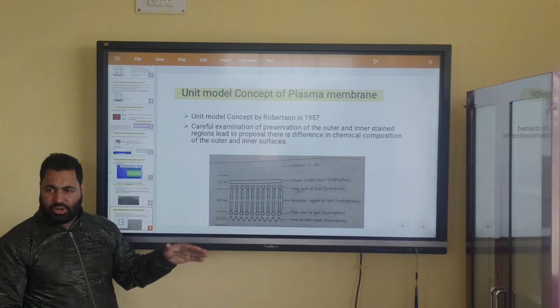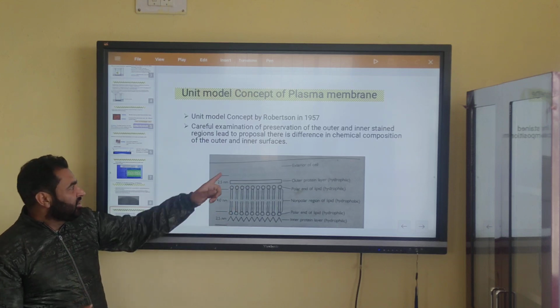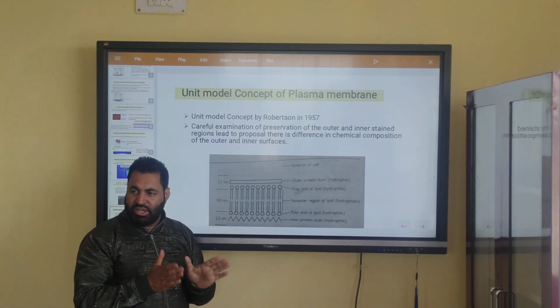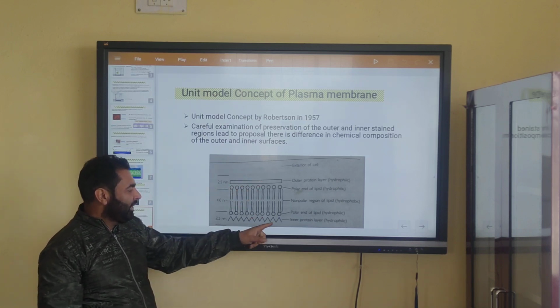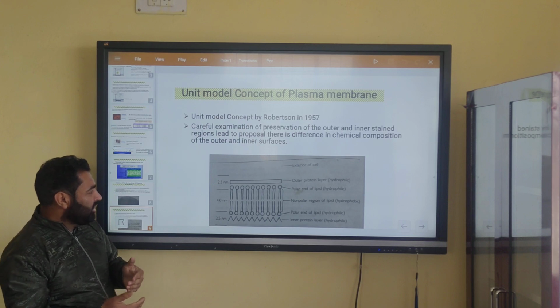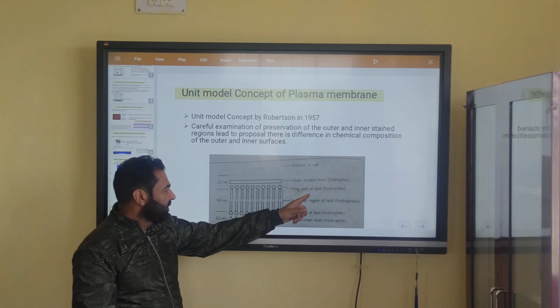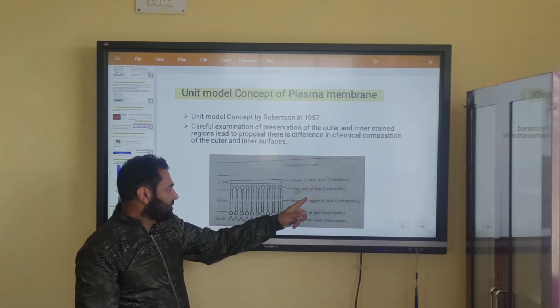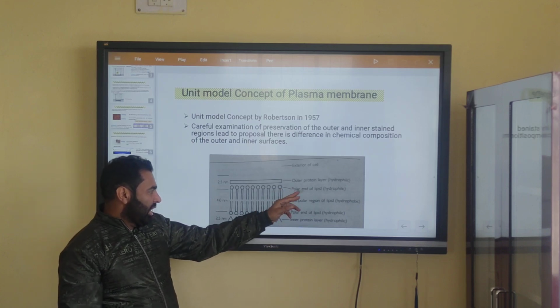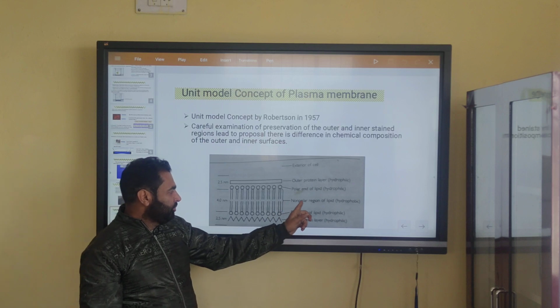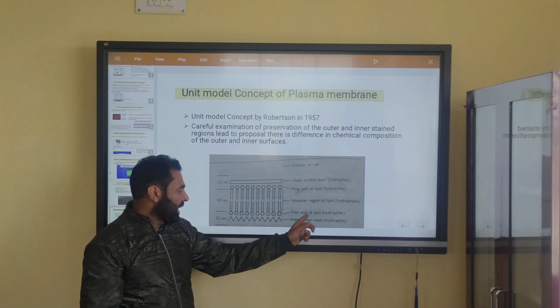From the staining regions in EM images, he could see that the outer region was somewhat different than the inner region. What he postulated was that these outer proteins are hydrophilic proteins. Then inside we have hydrophilic polar groups, non-polar lipid chains, polar heads.